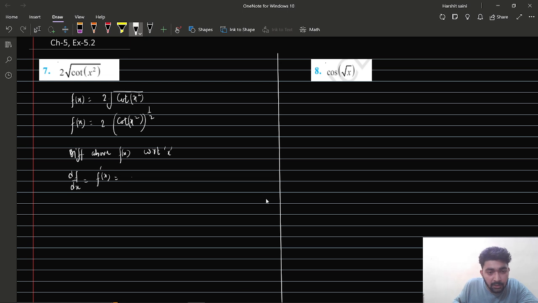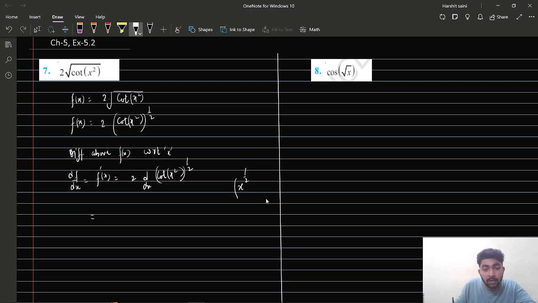Here you can take 2 outside and d by dx of cot of x square raised to the power 1 by 2. Here I am applying the chain rule. The outer function is in the form of x raised to the power 1 by 2.